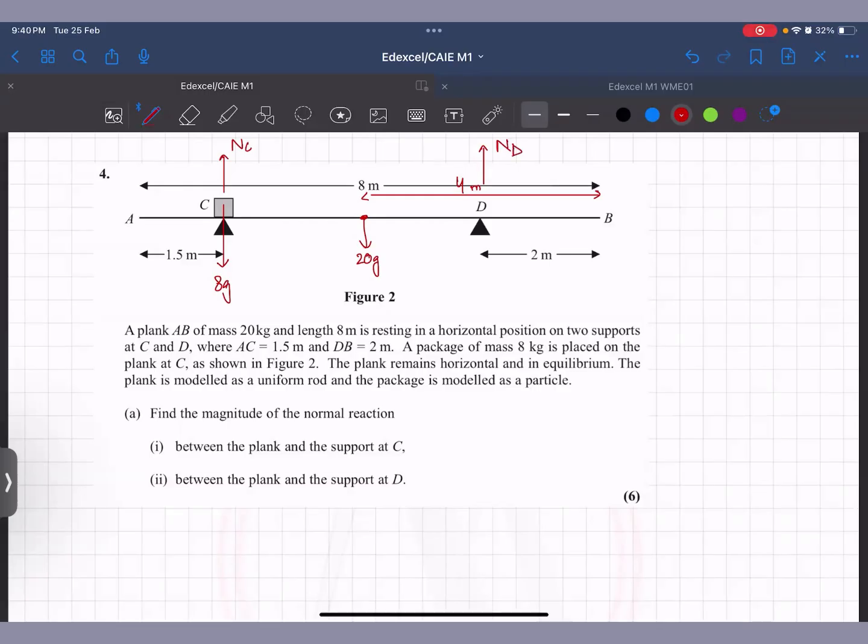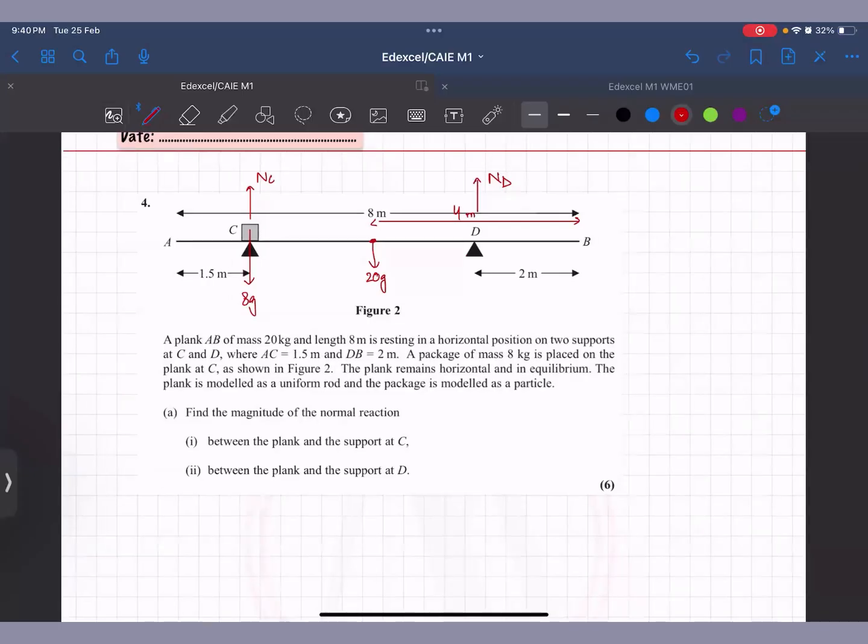Find the magnitude of the normal reaction between the plank and the support at C and D. So we need NC and ND. First of all, I think we need to form simultaneous equations.